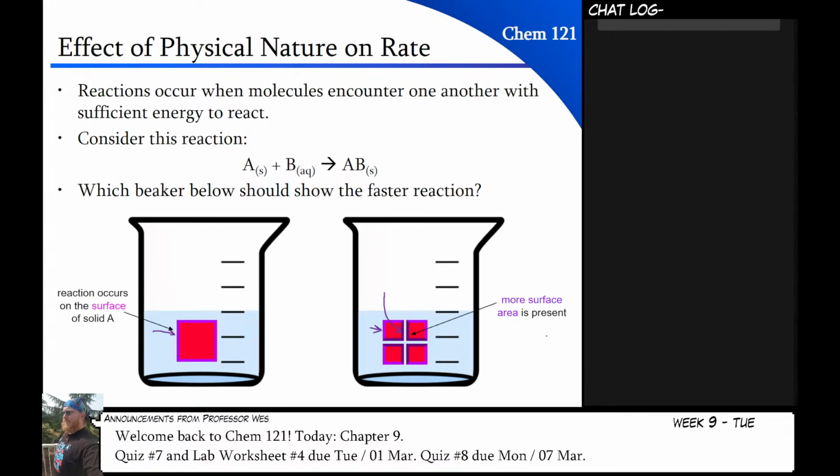So on the surface of A, in the second beaker, we should have a faster reaction because there is more surface area. In fact, the finer ground up your stuff is, the more it will react. There's more opportunities for the liquid to contact the solid.